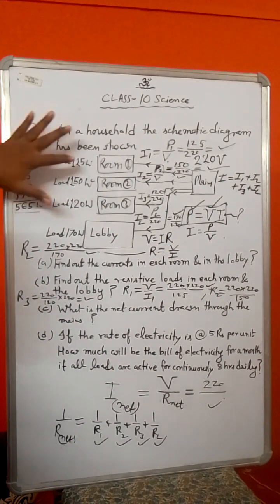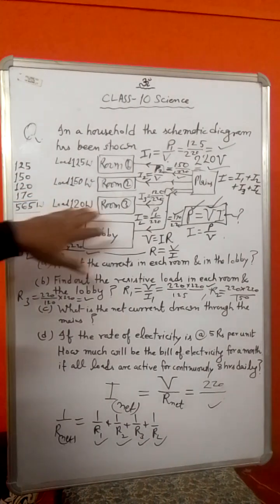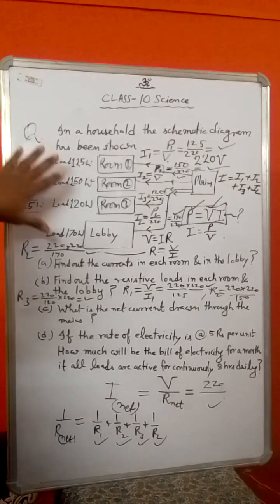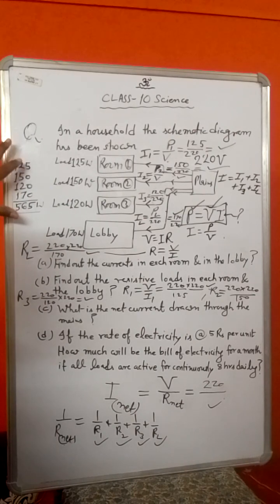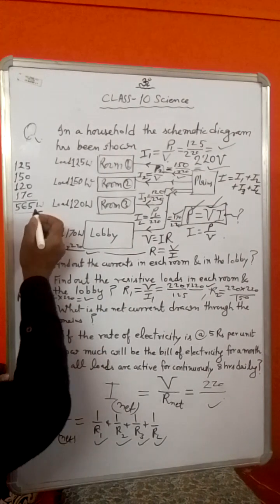Correct? 125 watt of room number 1, 150 watt of room number 2, 120 watt of room number 3, and the lobby 170 watt. So finally, on adding all these loads in wattage, we get the total load.